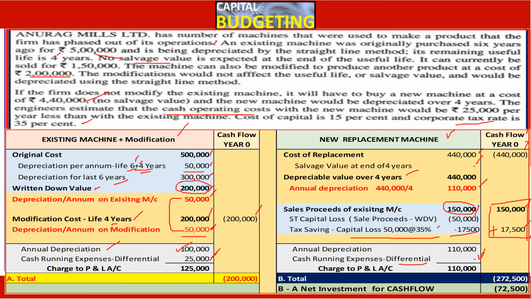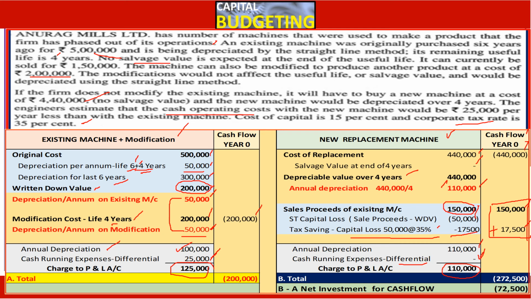In case of the new replacement machine, you have got 1,10,000 as your depreciation, and you will also receive proceeds of sale and the benefit. Net debit to profit and loss account, 1,25,000 versus 1,10,000, because if operating costs are 25 here, it will be 0 here. Difference has to be 25,000.